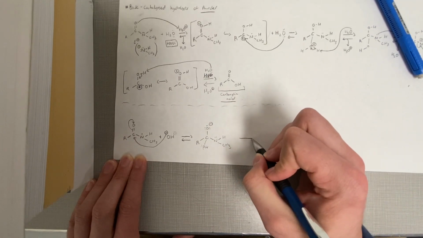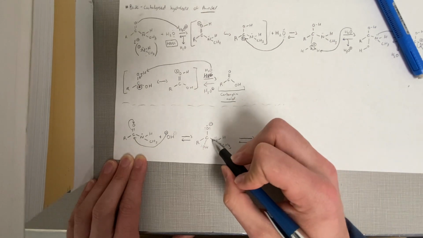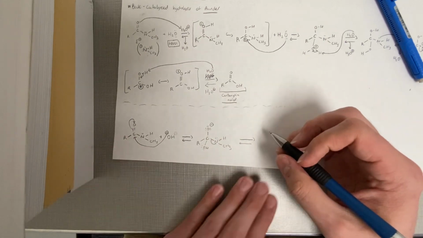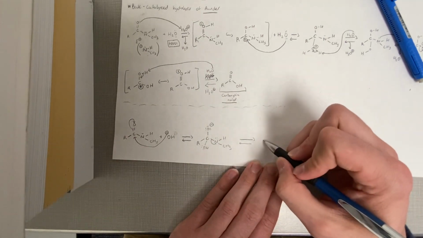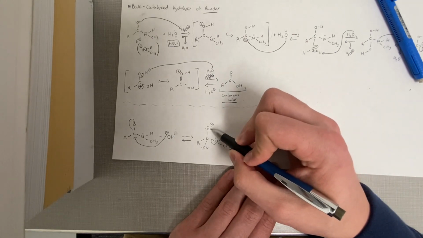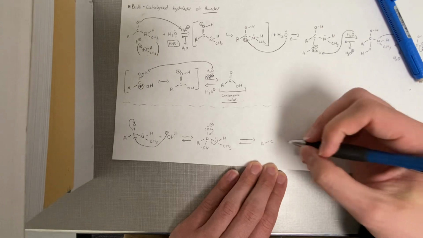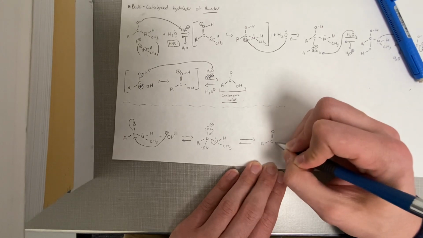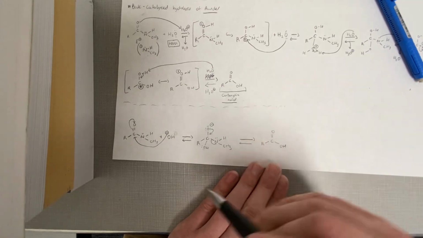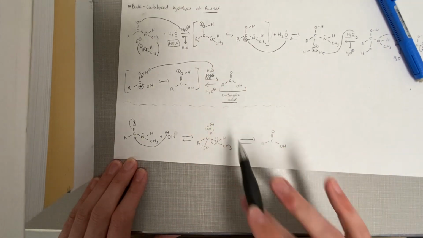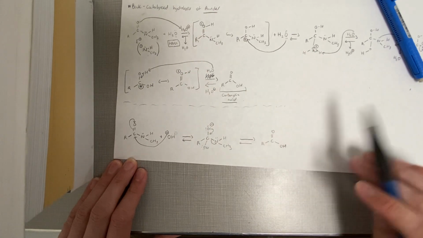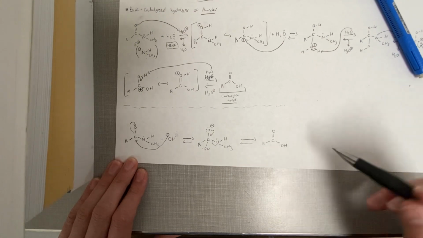Now, this here is going to leave. It's the leaving group. And then this one is also going to lower down. So we are left with carboxylic acid. But in this case, in the base catalyzed hydrolysis of amides, the product isn't a carboxylic acid, but it is in fact a carboxylate anion.